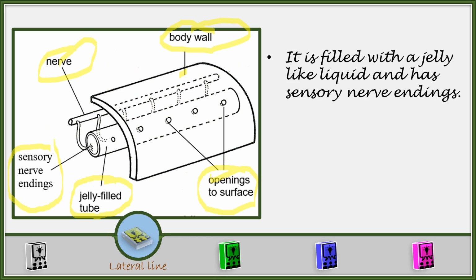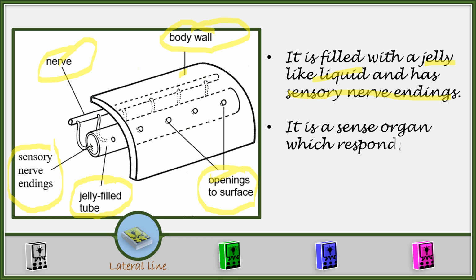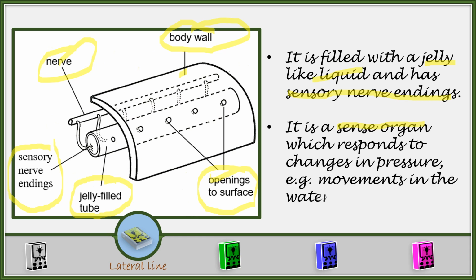So this one is filled with a jelly-like liquid and has sensory nerve endings. It is a sense organ which responds to the change in pressure, for example, movement in the water. That is the lateral line.